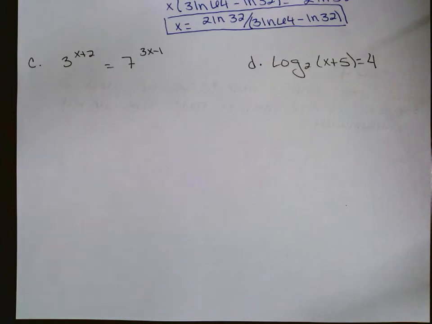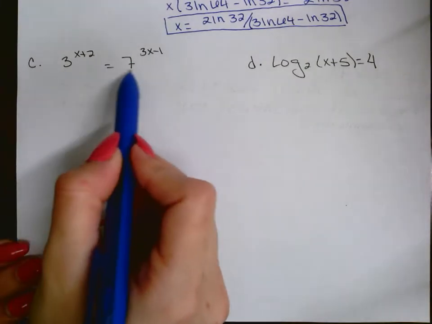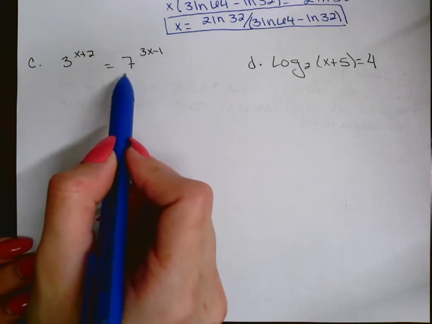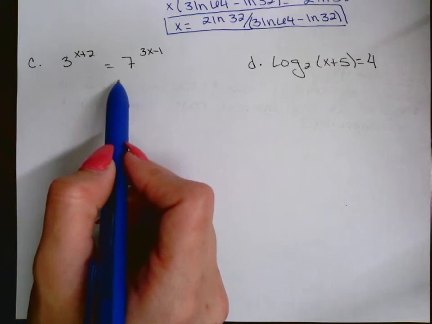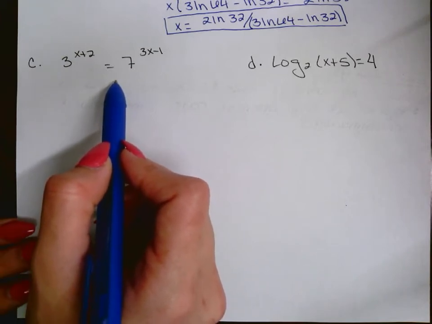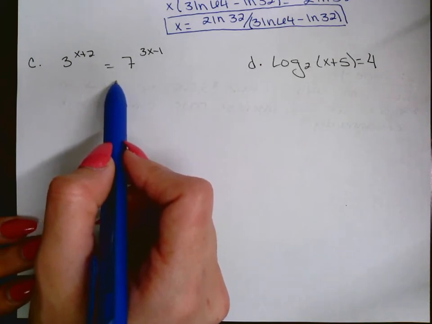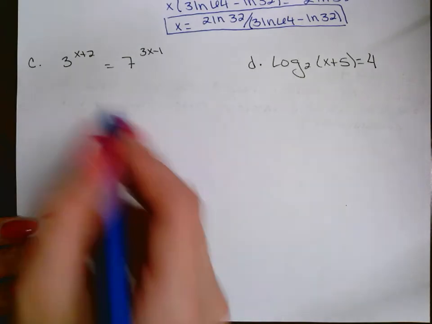So looking at this next question, if I wanted to try and get the same base, it'd be a little hard here because 3 and 7 are odd numbers and they're prime. So I can't really bring them down anymore to say 2 raised to something or 3 raised to something. So here I'm kind of forced to use the ln or the log rule. I personally like using ln because it's shorter to write. But again, it doesn't make a difference.